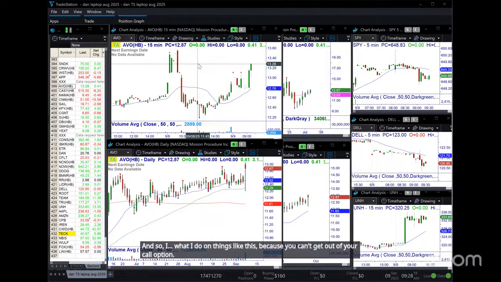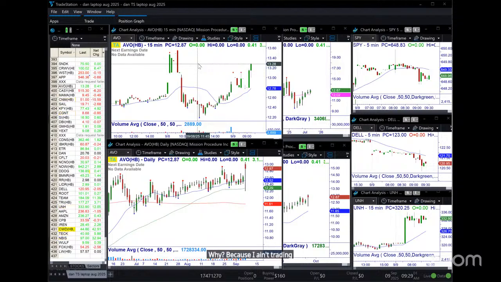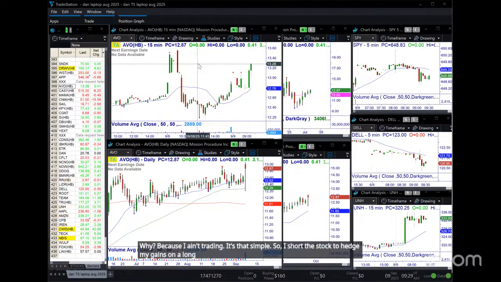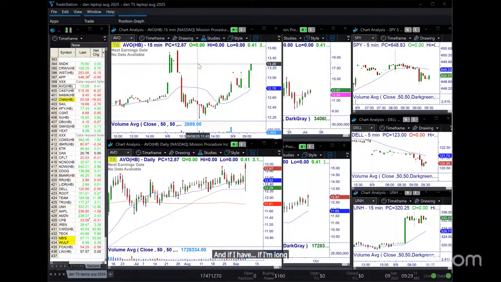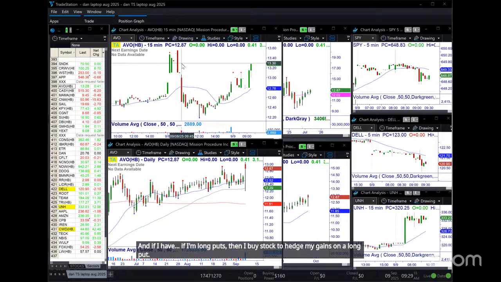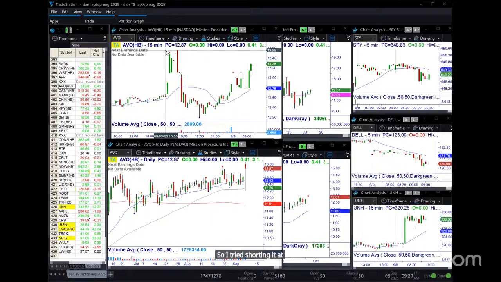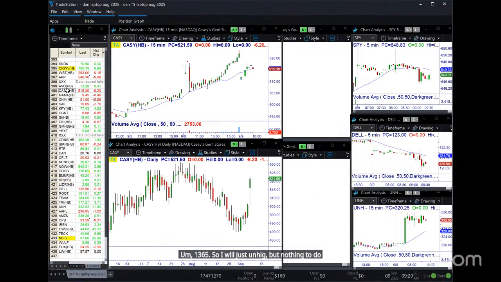Because I ain't trading. It's that simple. So I short the stock to hedge my gains on a long call. And if I'm long puts, then I buy stock to hedge my gains on a long put. So I tried shorting it at 13.95. I didn't get filled, but I got filled at 13.65. So I would just unhedge, but nothing to do now with that.